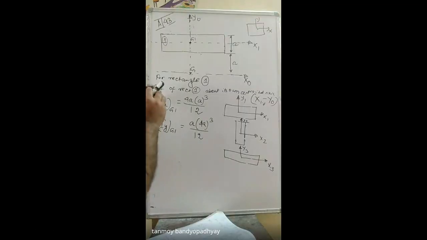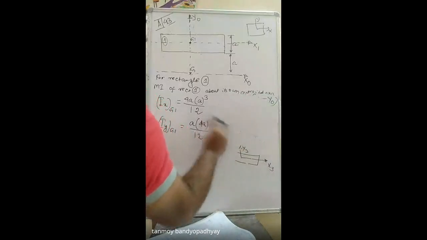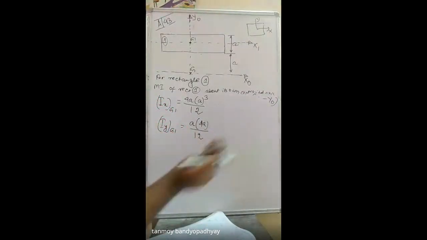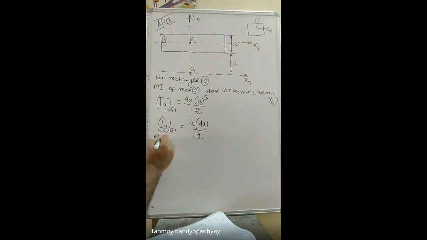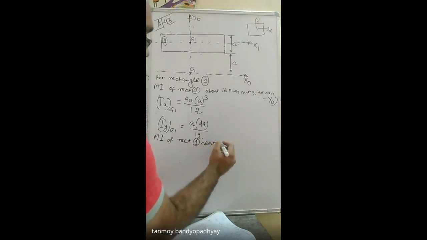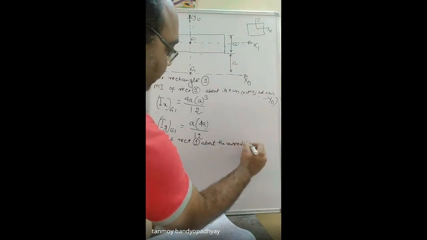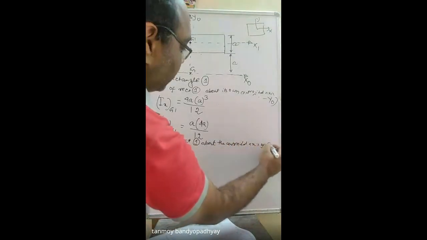Okay. So I'll do it right here itself, which will be convenient later. Now see, the moment of inertia of the same rectangle 1 about the centroidal axis of the I section.